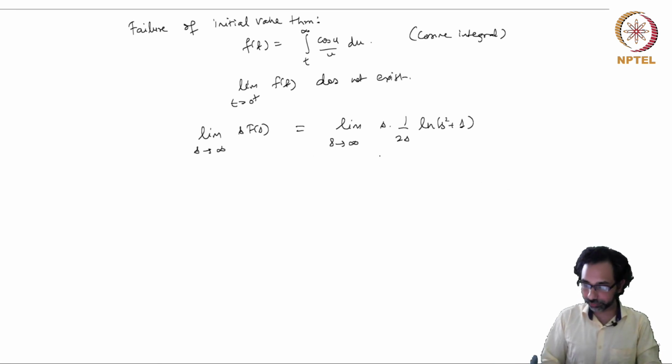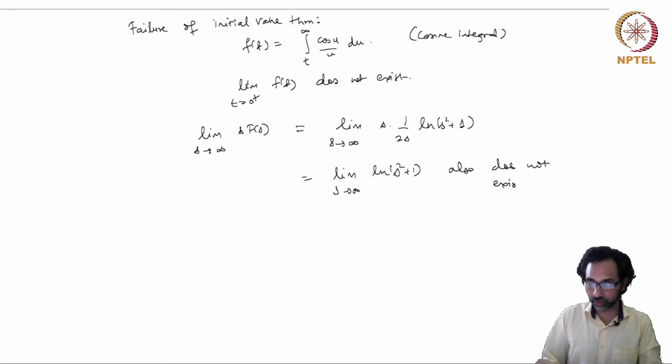In this case this limit, ln(s squared plus 1) as s tends to infinity, also does not exist. So we cannot write an equation like infinity equal to infinity, that doesn't make sense. So in this case the initial value theorem fails.